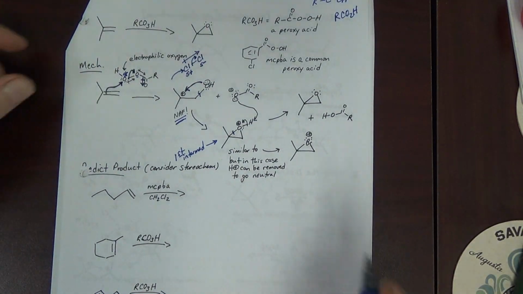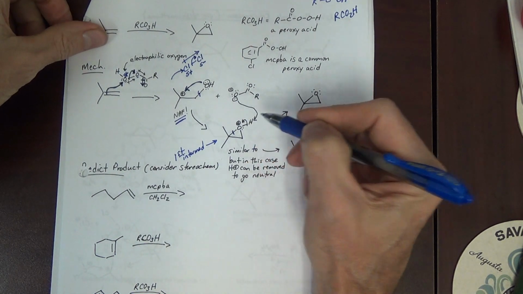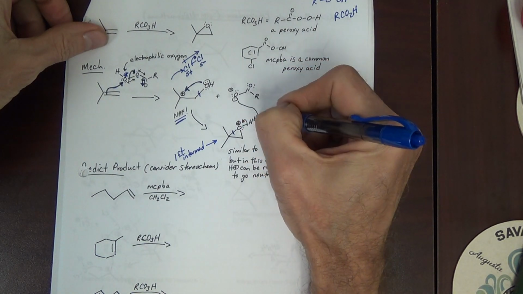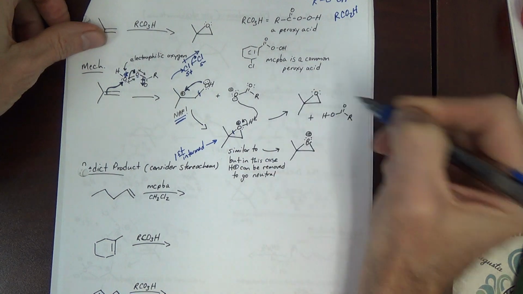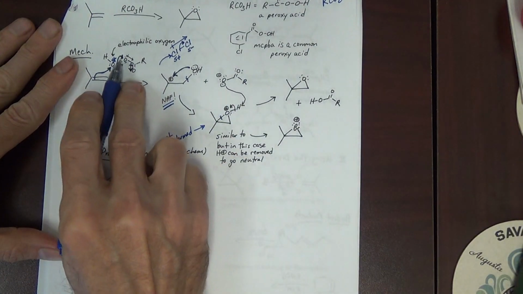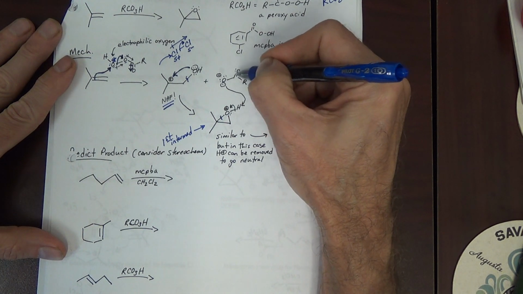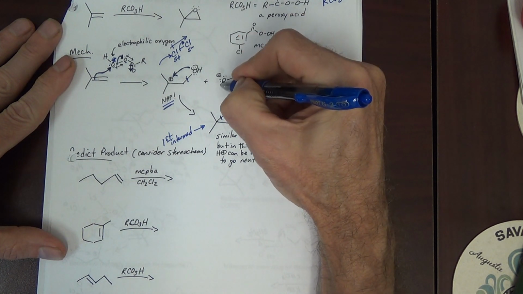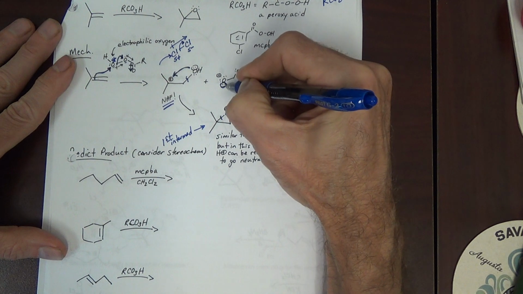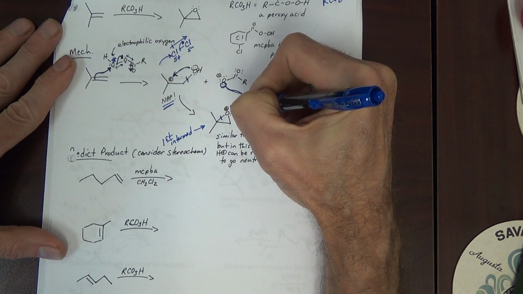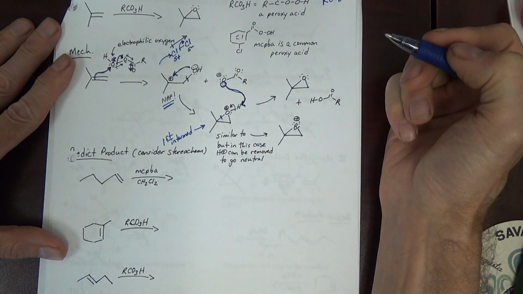Now, a big difference is this oxygen can go neutral by something taking the H. And what can take the H? Well, the leaving group over here, which is actually sort of like an acetate or a carboxylate anion. These electrons make a bond to H. This is a standard acid-base mechanism.